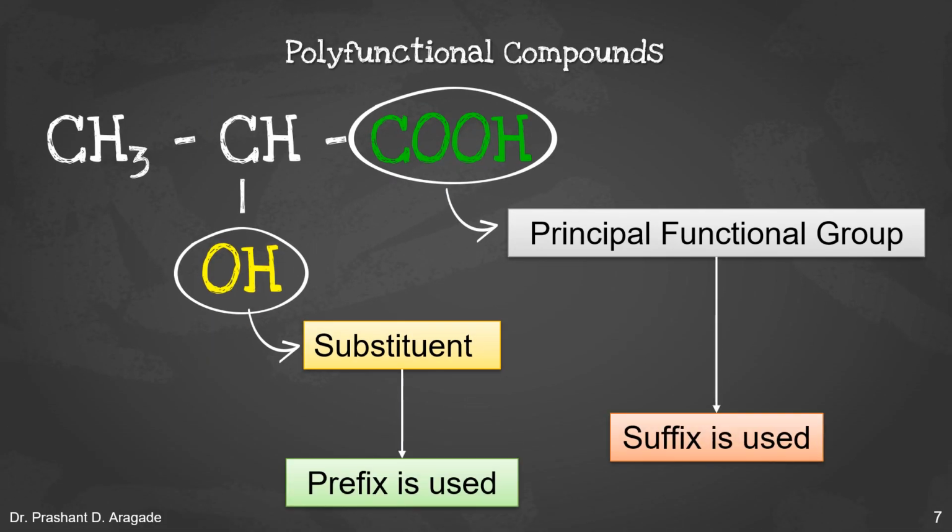So, the suffix is used for the primary or principal functional group, and the other functional groups are regarded as substituents, hence their prefixes are used while naming polyfunctional compounds.